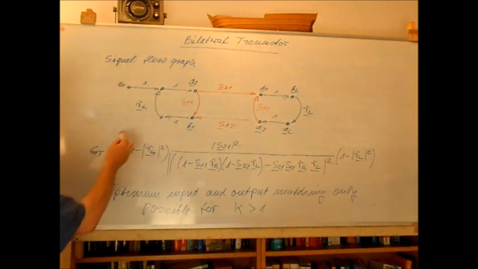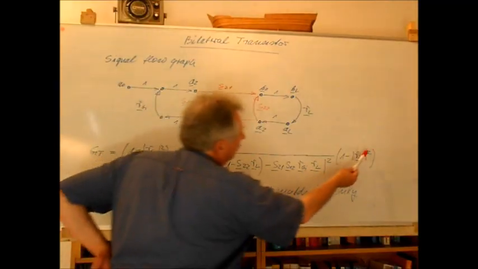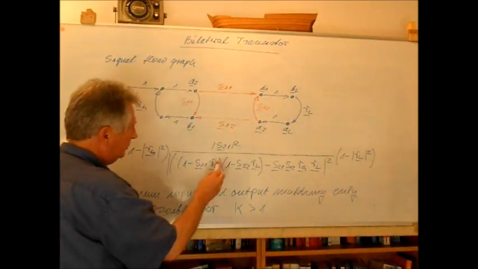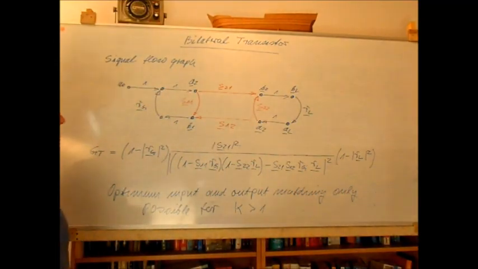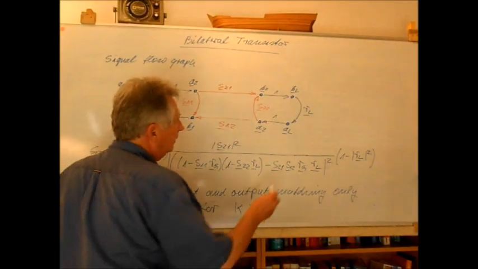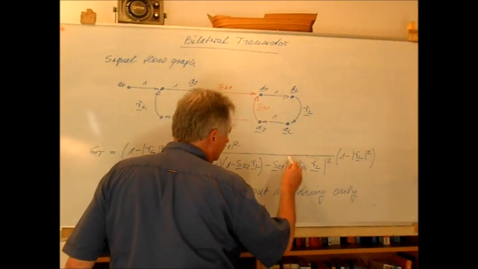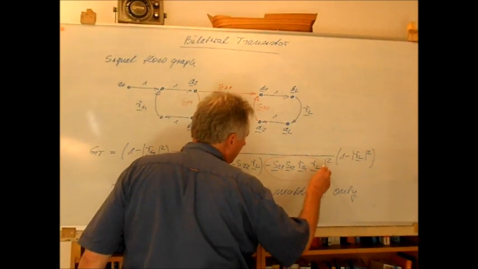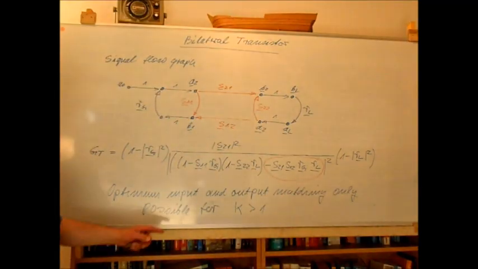In principle, we know already this term and we know already this term, and these two terms are also known, but now we get an additional term due to the internal feedback.